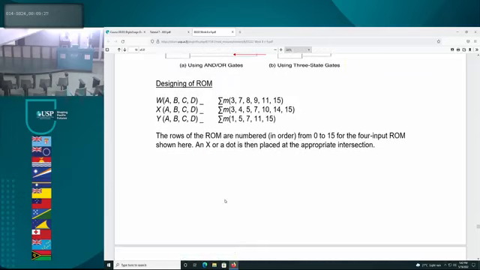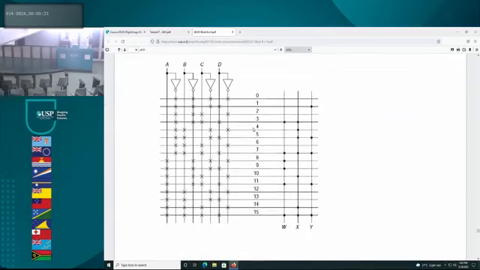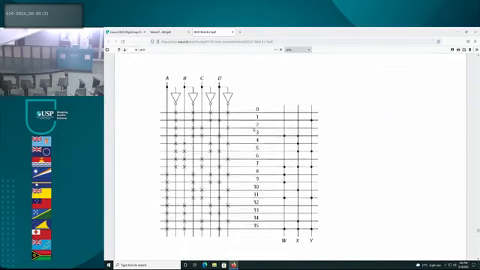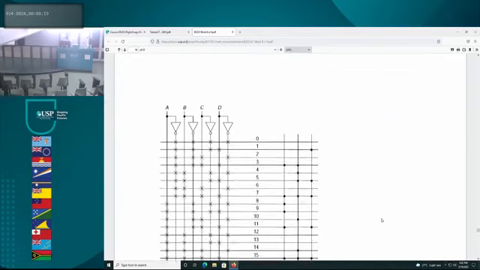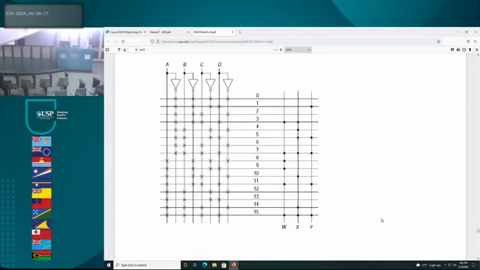Now, guys, I won't be covering this right now, but this is the concept of how RAM and ROM are made. RAM stands for random access memory, and ROM stands for read-only memory. Basically, using your encoder and decoder, we're not actually covering this, but I want to give you an insight into how these things work. So remember what I said, what is one application of an encoder and decoder?